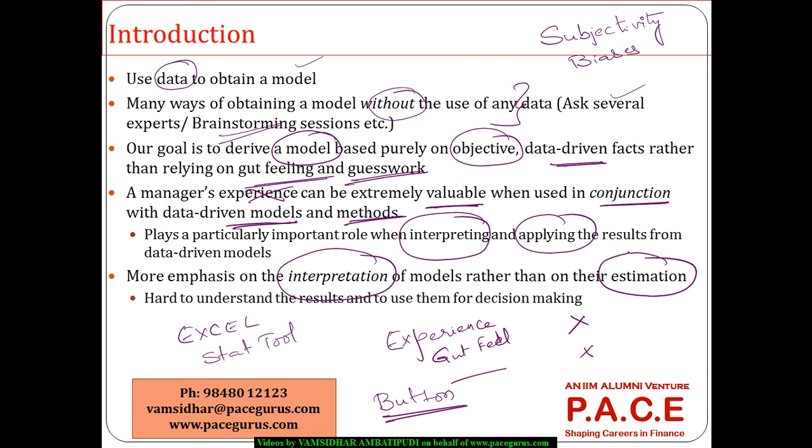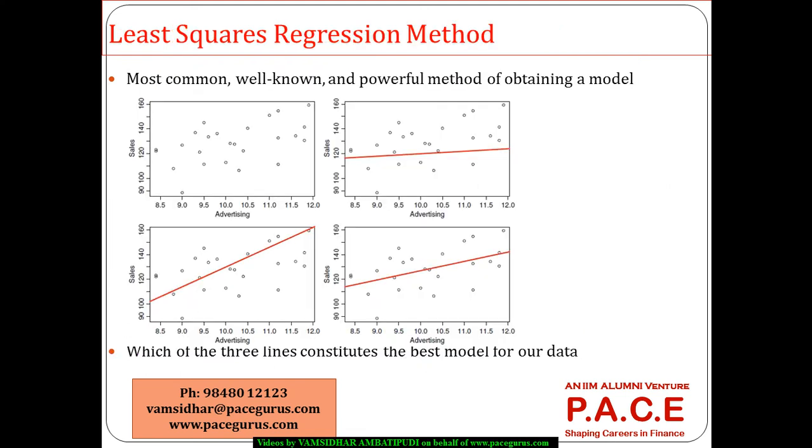So even that I don't need to focus on more. But the interpretation of the entire bunch of output generated by these tools is very important. Every result that comes out has a lot of significance as part of the decision making. So our focus lies more and more on the interpretation of the model rather than the estimation part of it.